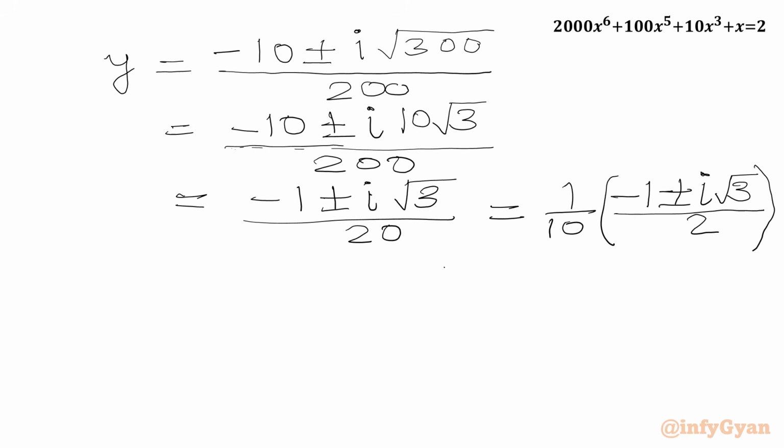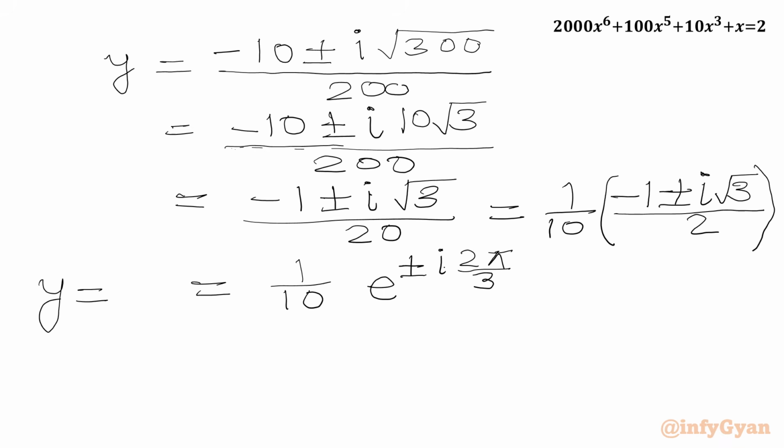Now we will use Euler's form and we can write 1/10 e^(±iθ), where cos θ = -1/2 and sin θ = √3/2, so θ will be equal to 2π/3. This is equal to y, and y is x².